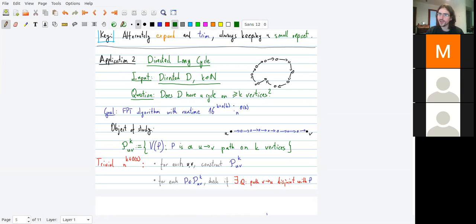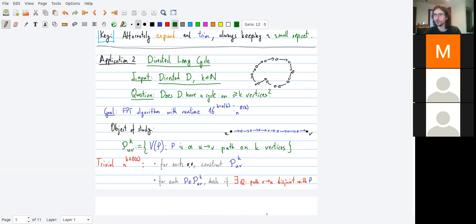And this is a significantly different question, because now the cycle can be super long and it still yields a yes answer. So you cannot just apply color coding here, because you are looking for an object that is possibly of unbounded size.